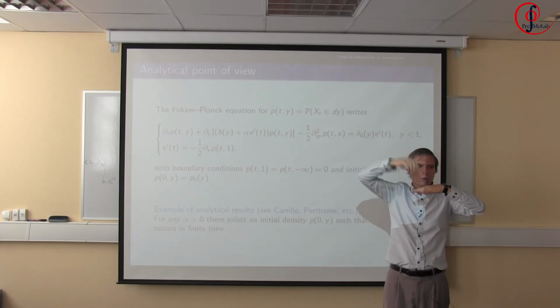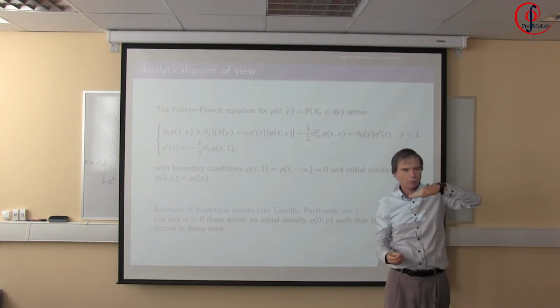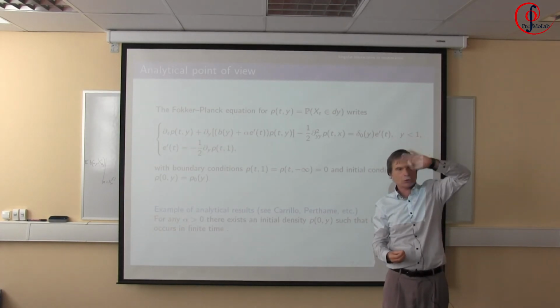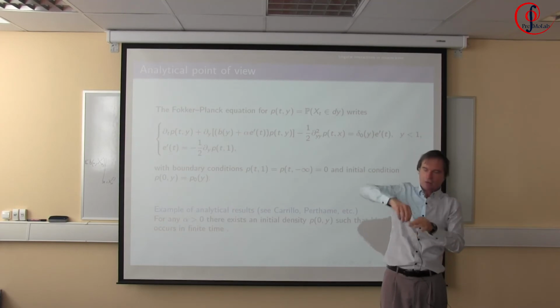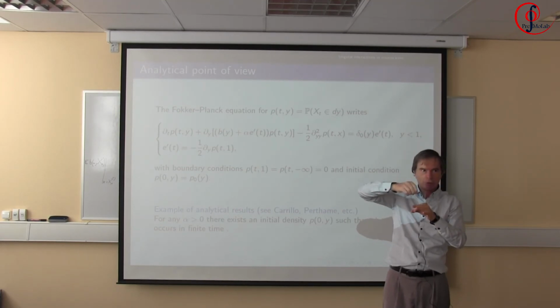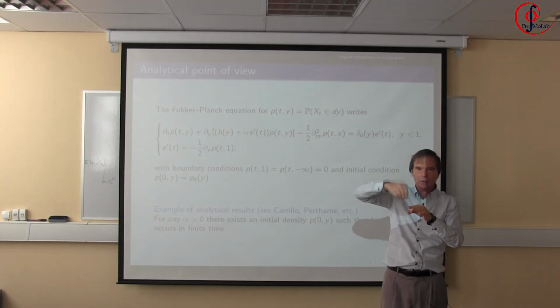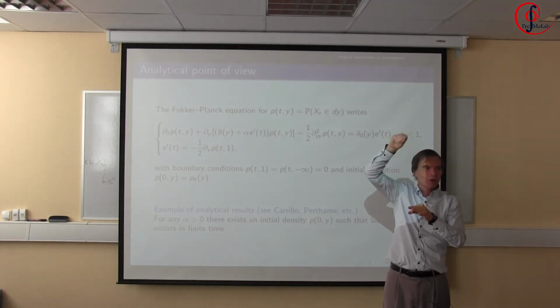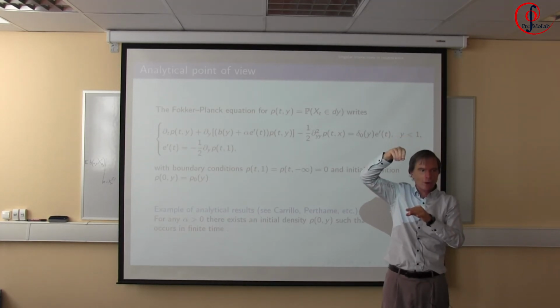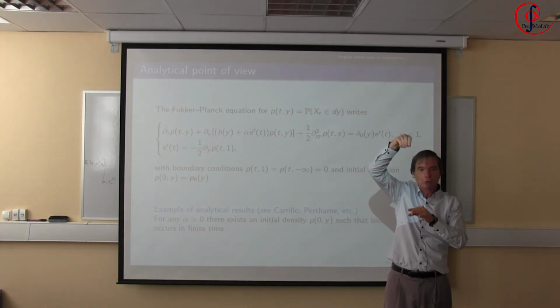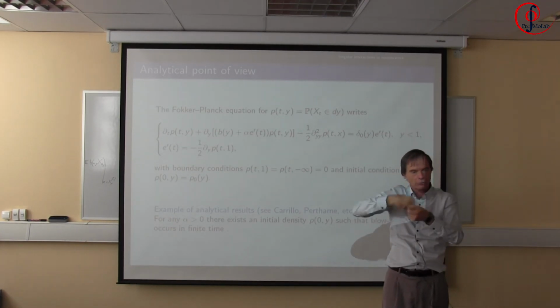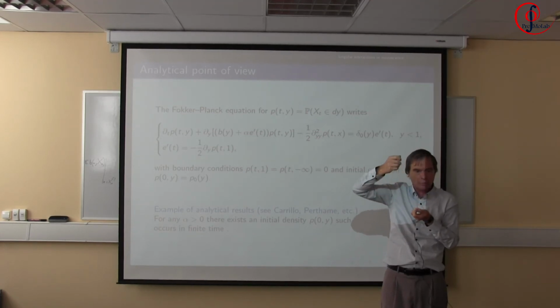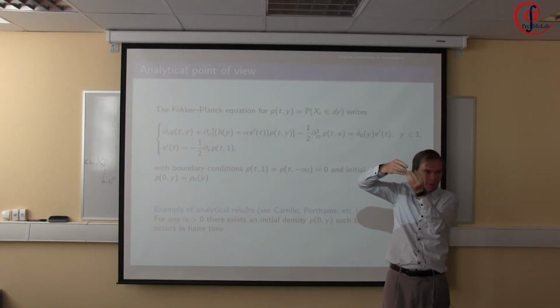Let's say particle number 1 hits the boundary. It's reset to 0. But instantaneously, the second one hits the boundary. It's reset to 0, but instantaneously, the first one is increased by alpha over n, and the other ones increase by alpha over n as well. So it could be a cascade of instantaneous spikes. All the particles spike at the same time.